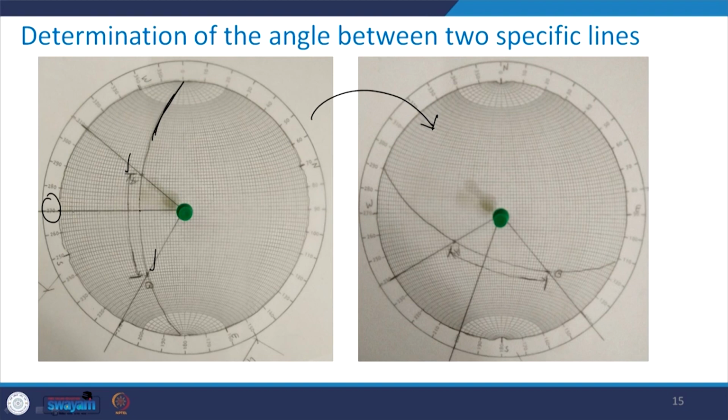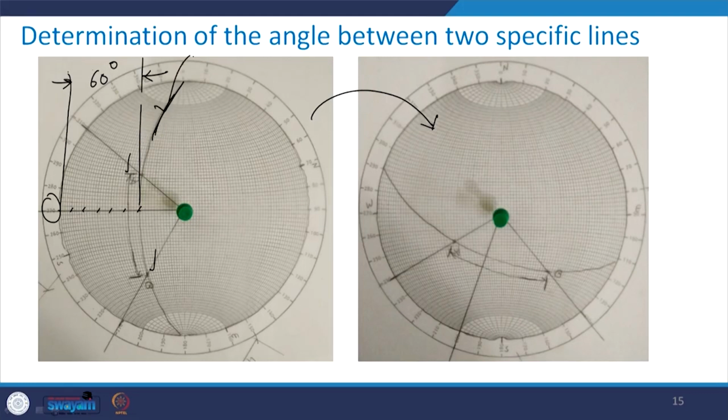So, let us do that: 10, 20, 30, 40, 50 and then 60. So, this distance, which is 60 degree in this case, is going to give me the dip of this plane.